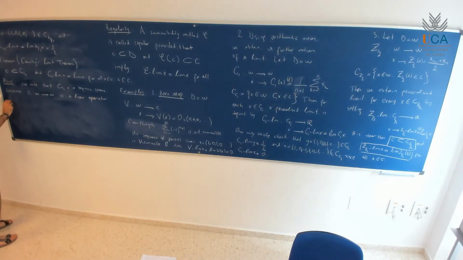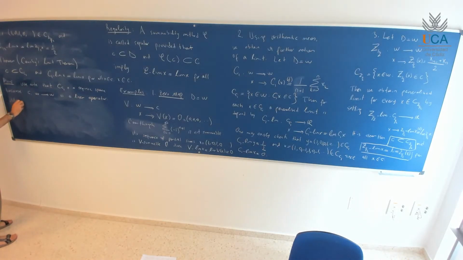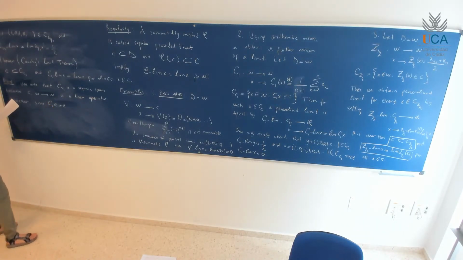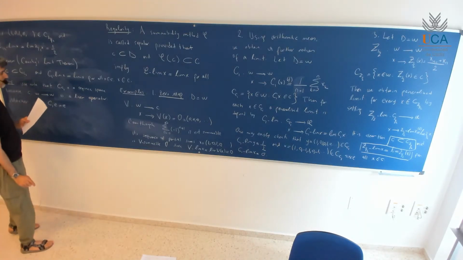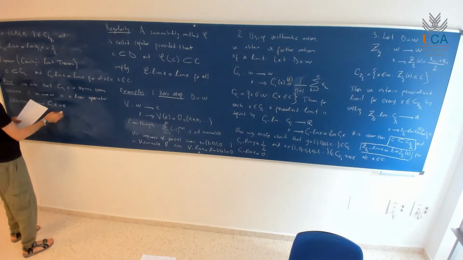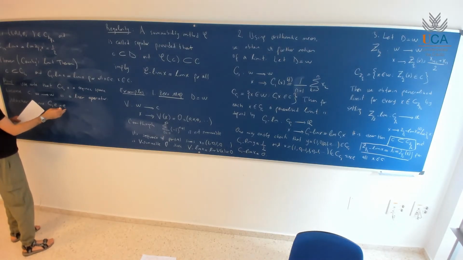And moreover, clearly we have C1 of e equals e, which is the unit vector of all sequences, which consists of just ones.